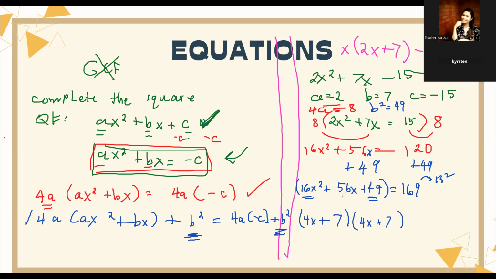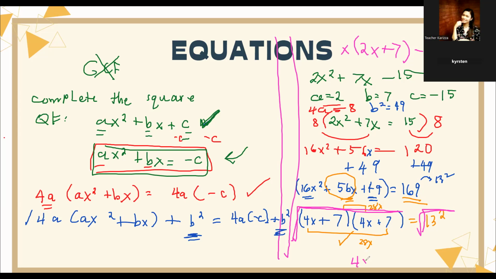And then let's check if it will give us 56. 7 times 4 is 28x. 7 times 4 is 28x. 28 plus 28 is 56x, which means our factors are correct. And then 169 is 13 squared. So last step, factor the left side and square root both sides.